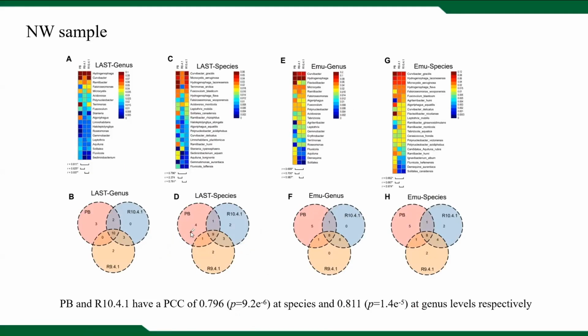Moreover, for NW water samples, the average abundance of the common top 15 species shared by PacBio and R10 was no less than that of PacBio and R9 at both species and genus levels. PacBio and R10 have a correlation of 0.796 at species level and 0.911 at genus level, respectively.